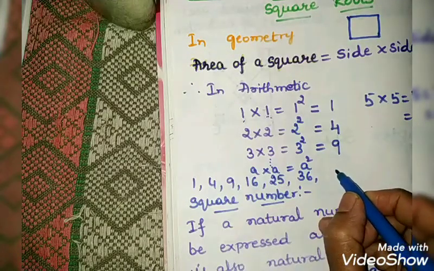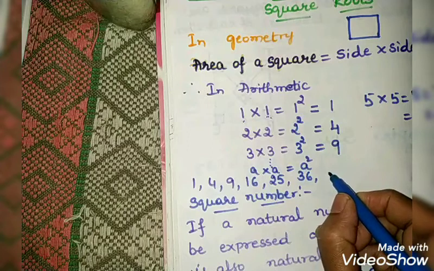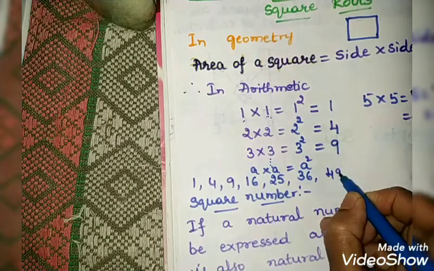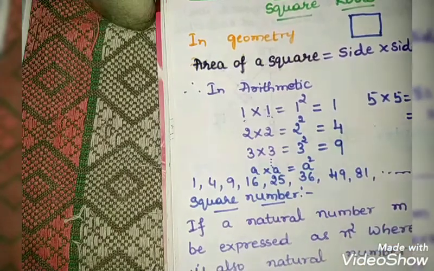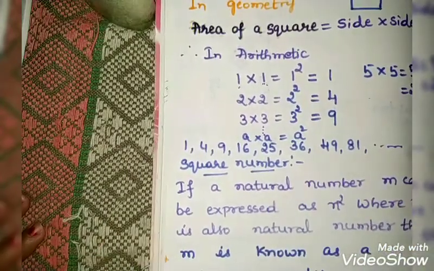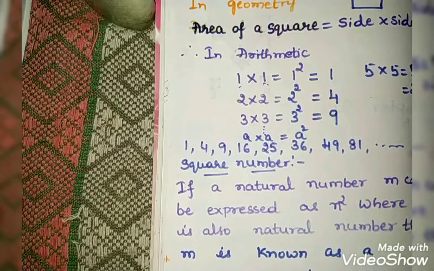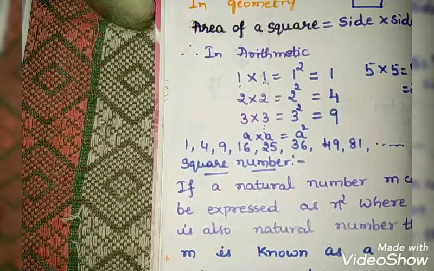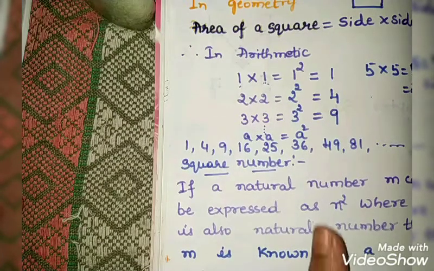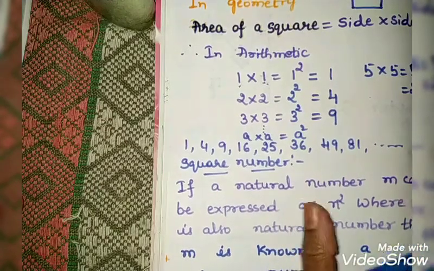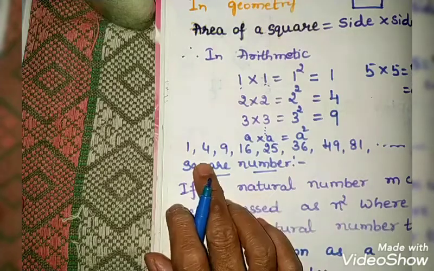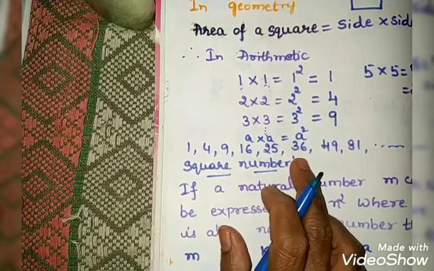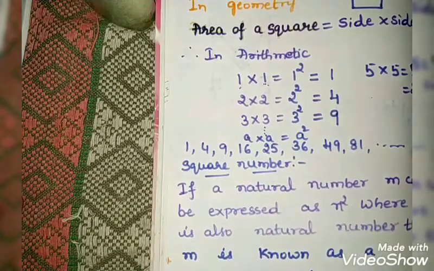These numbers are there, no? They have some special properties. 49. 81. Etc. These numbers are known as square numbers. Which are those numbers? 1, 4, 9, 16, 25, 36. These are all known as square numbers, children.